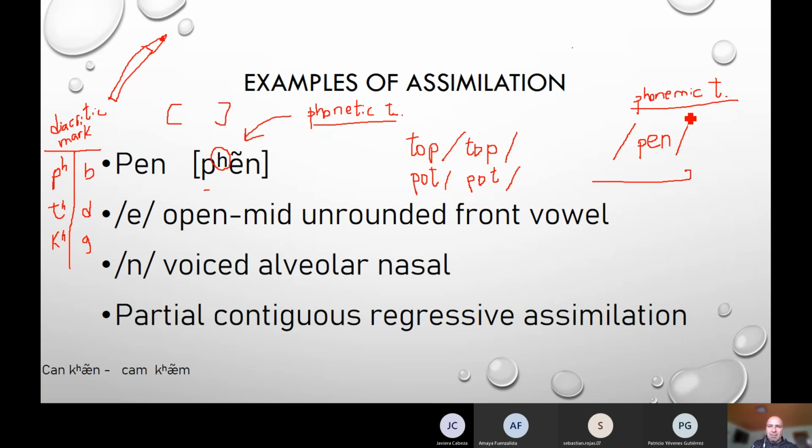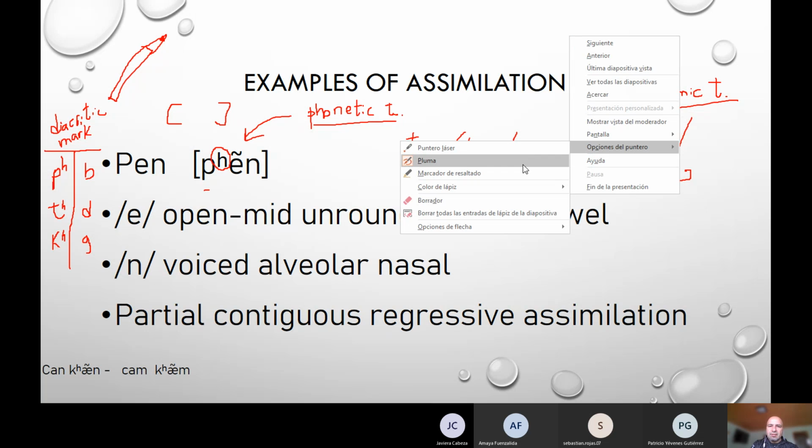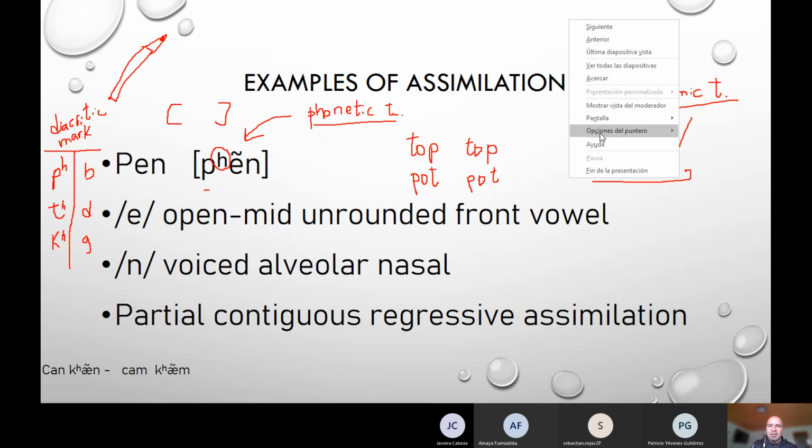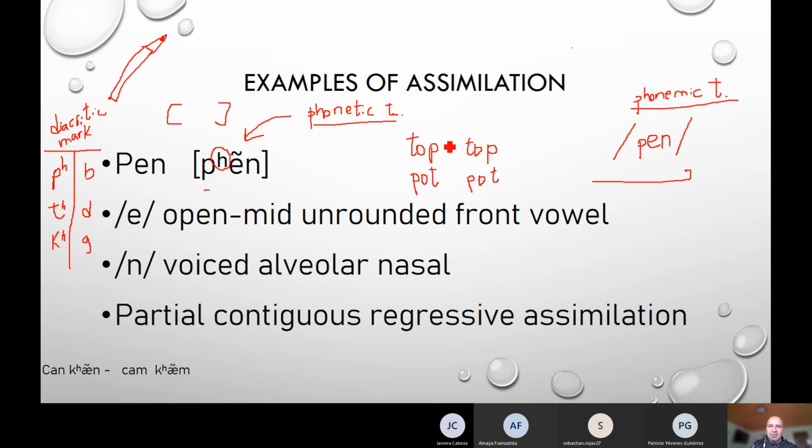Now I'm using slashes. I'm using the phonemic transcription. So what I'm going to do now is erase the slashes because I'm going to add additional information. I'm going to add more details, right? So this now is phonetic transcription. And I'm showing that the initial sound here, top, which is a plosive and voiceless consonant sound, is aspirated.